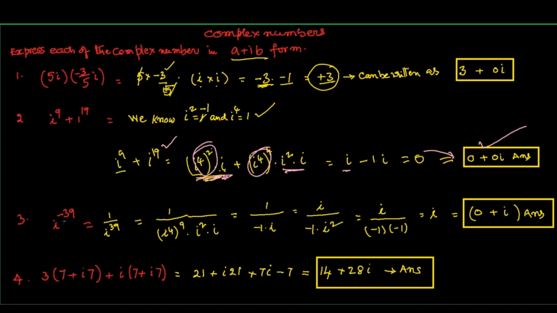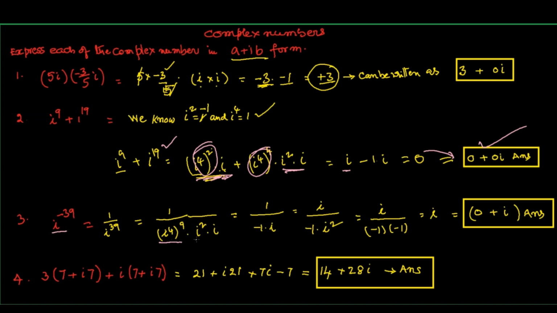i power minus 39. i power minus 39 is 1 by i power 39. i power minus 39 is the multiplicative inverse of i power 39. That you should note. i power 39 is equal to i power 36 plus 2 plus 1, 39. i power 4 whole power 9 times i square times i. We can write like this.